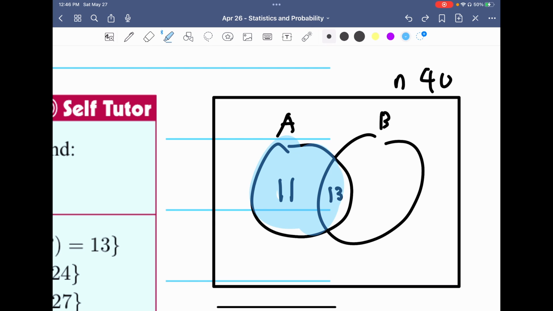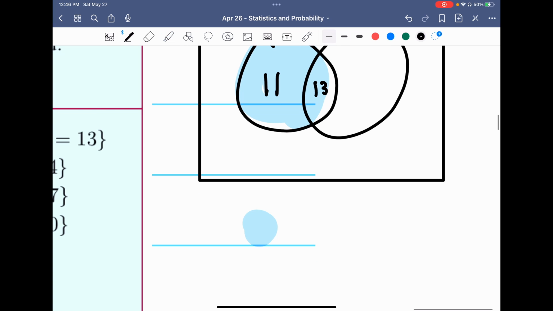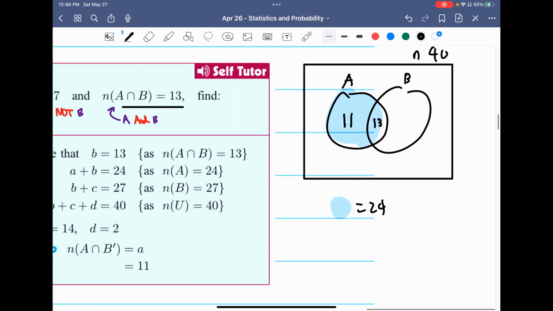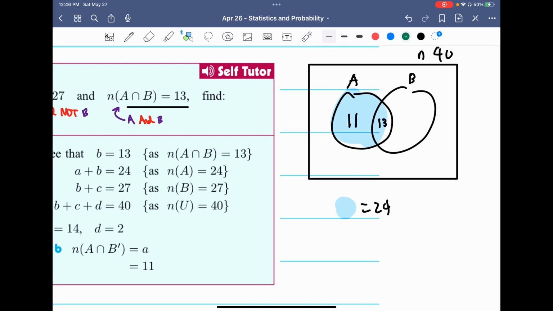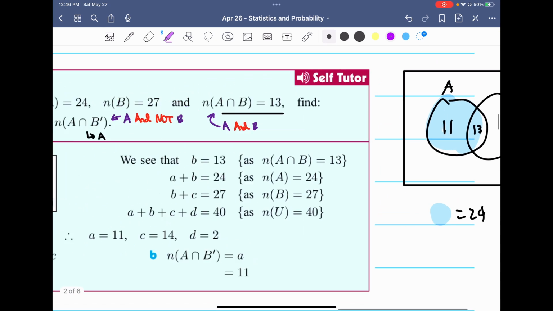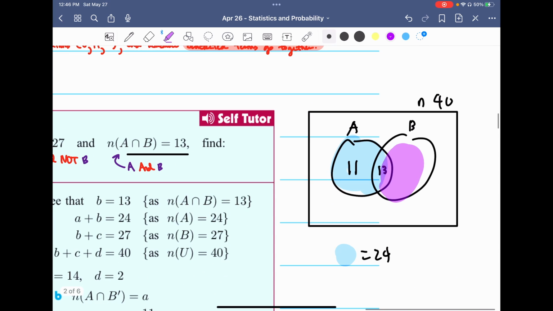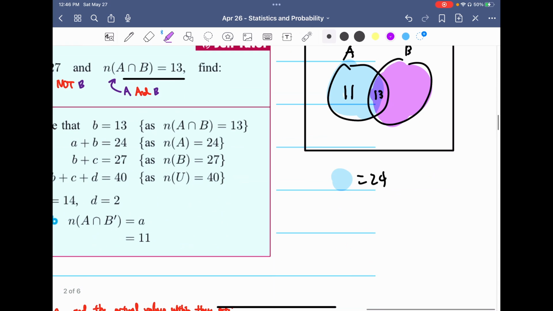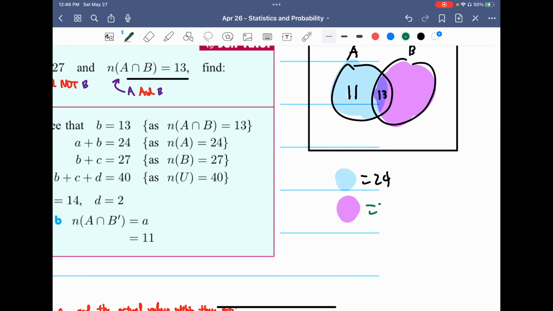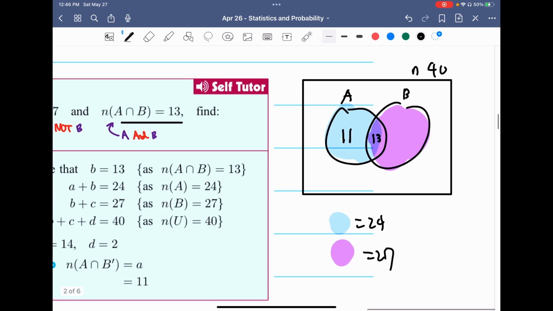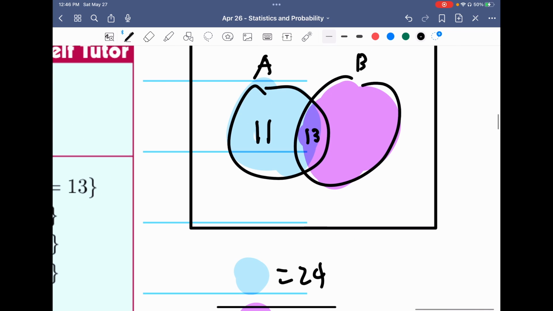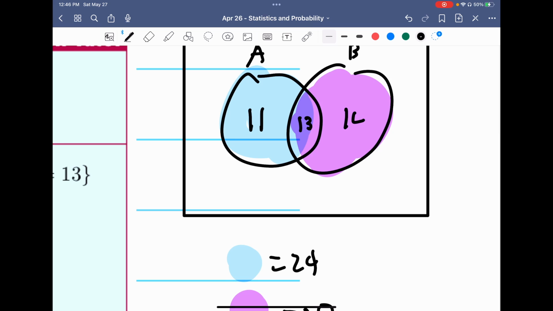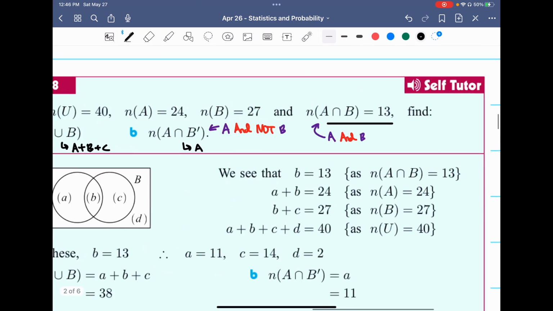since the whole circle has to add up to be 24. And we also know that since B also has to add up to become 27, 27 minus 13 is 14, so this part of the number would be 14.